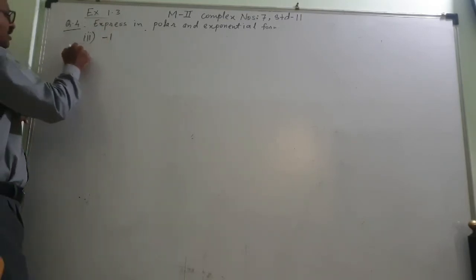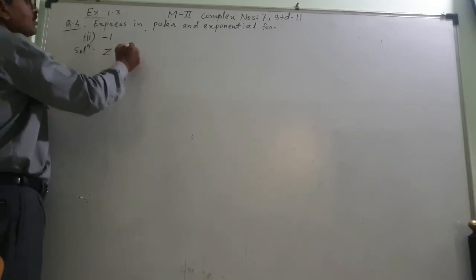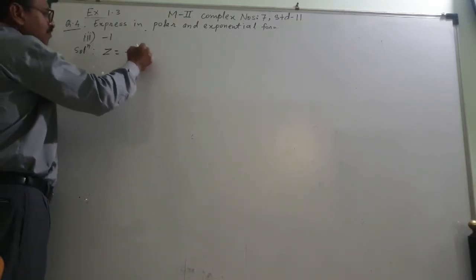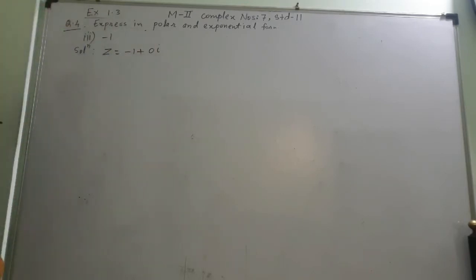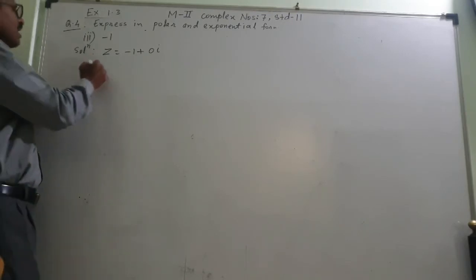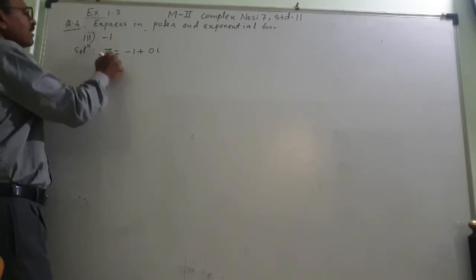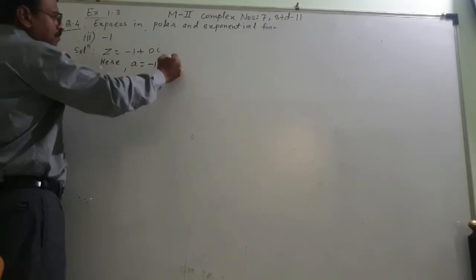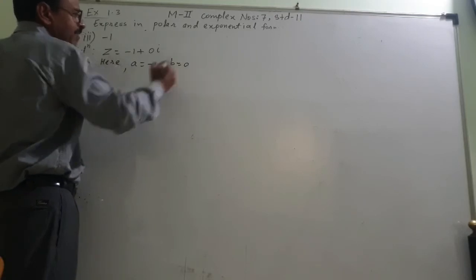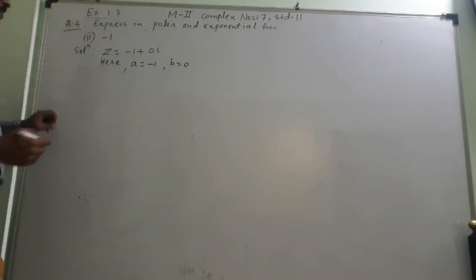So solution: z is equal to -1 plus 0i. So here I have to find r. First of all we will write a equal to -1, b equal to 0, because there is no imaginary term, that's why I have written 0i.